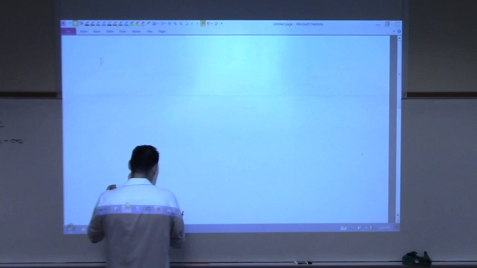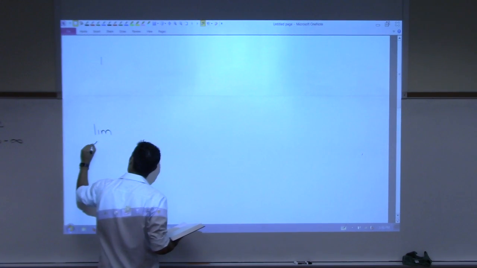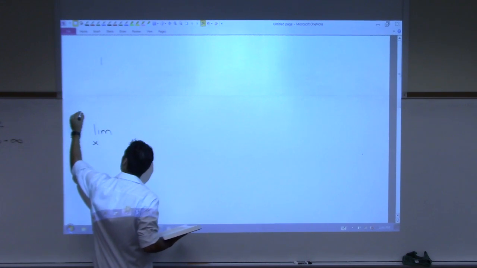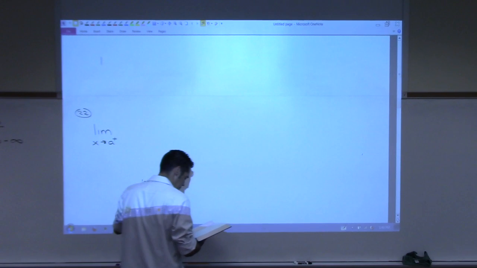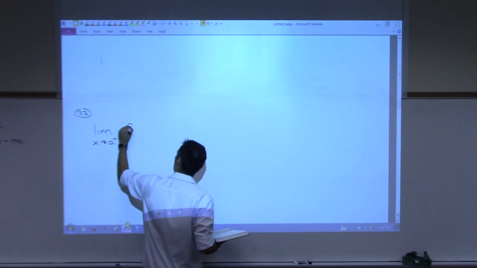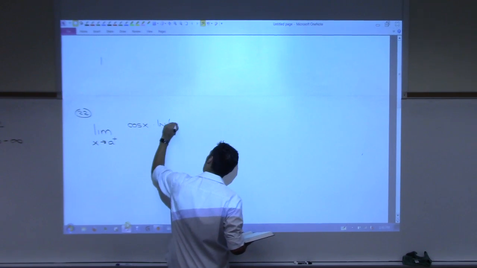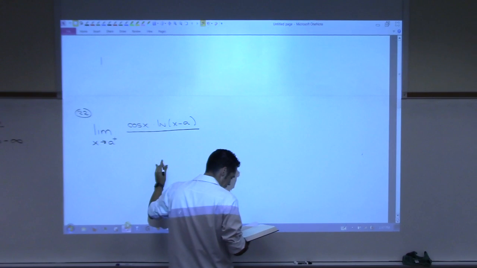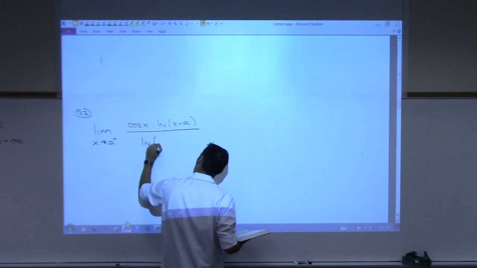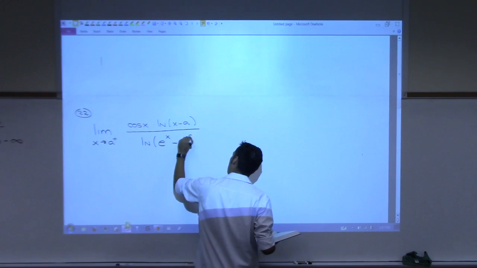All right, this one looks pretty nasty. Limit as x approaches a from the right of cosine x times natural log of x minus a, over natural log of e to the x minus e to the a.